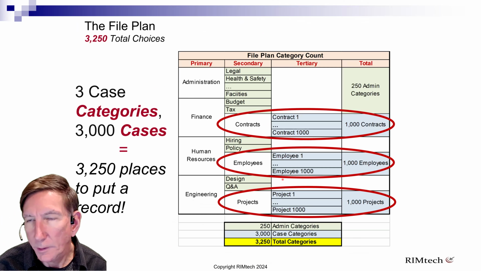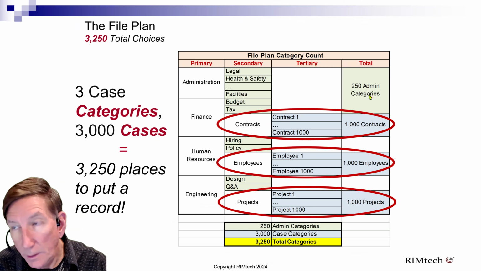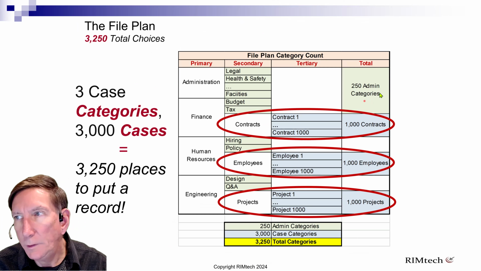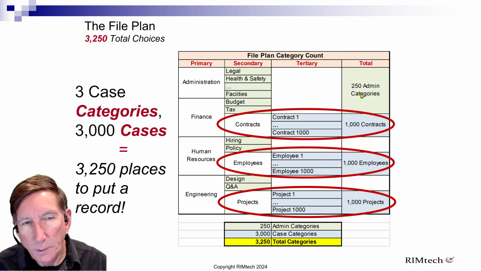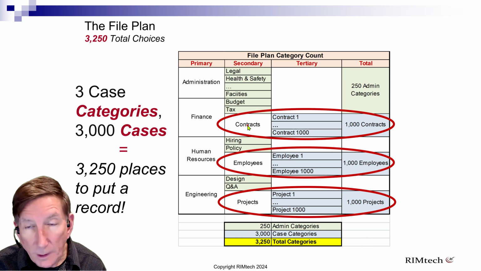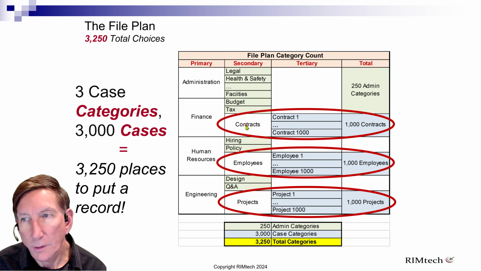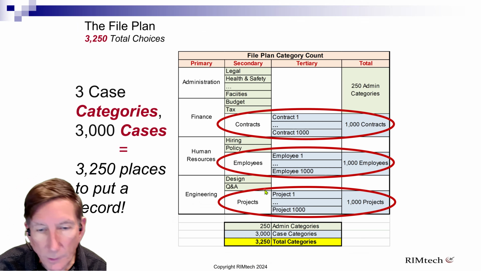So here's where it all comes together. Here we have a records retention schedule and a SharePoint with 250 admin categories. That's 250 different places in SharePoint for this record to go. I have only three case categories: contracts, employees, and projects. But I have 1,000 cases for each of those three. That's 3,000 potential places for those records to go.